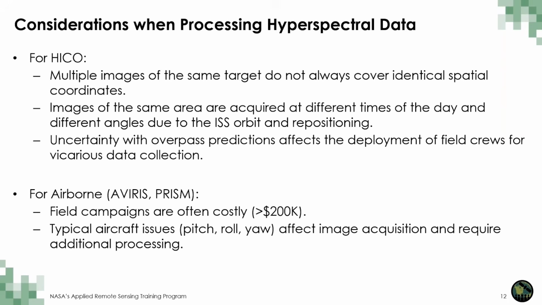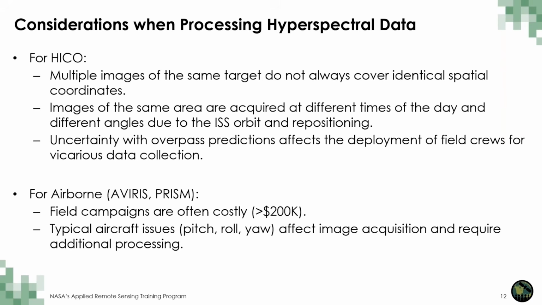So you might need to do some additional geo-rectification to make the images useful. Also, there's the uncertainty with overpass predictions that affects, for instance, the deployment of field crews for vicarious data collection, and this is usually pretty costly.